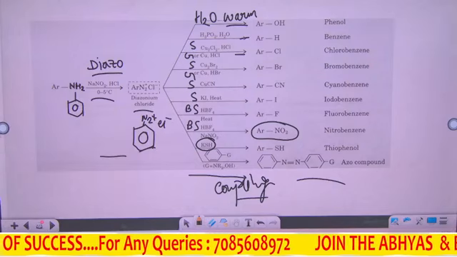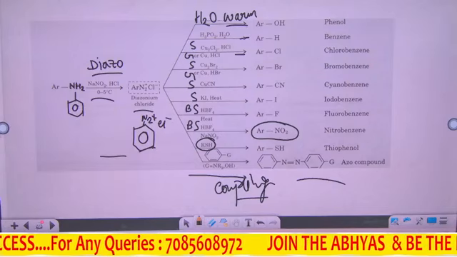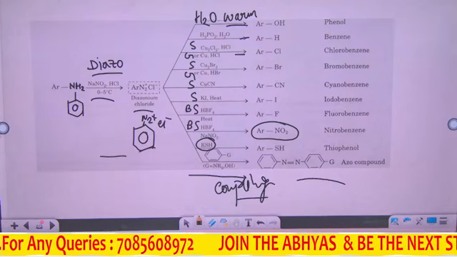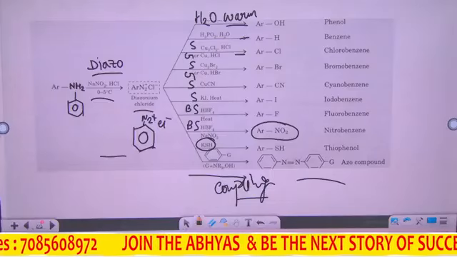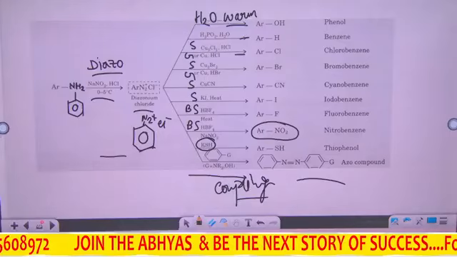Wait 5 minutes. Lastly, I have one reaction to show you. It's very important. It's used to distinguish all those aldehydes, ketones, whatever you have, your aromatic compounds. It's important. It's the haloform test.